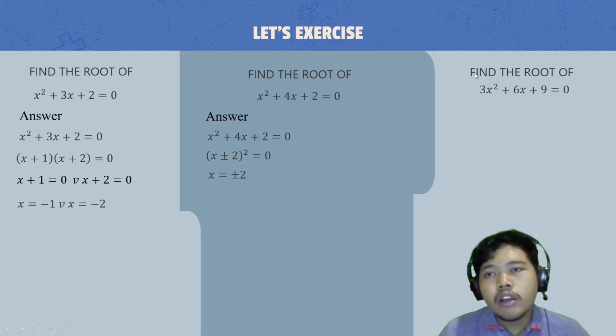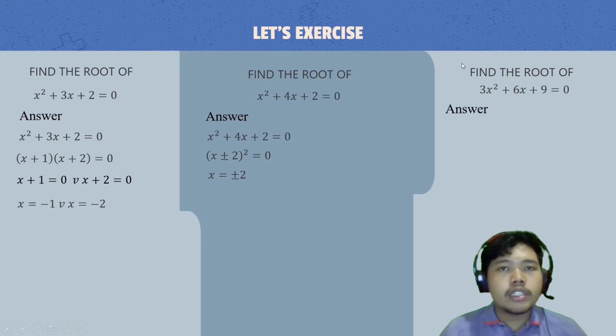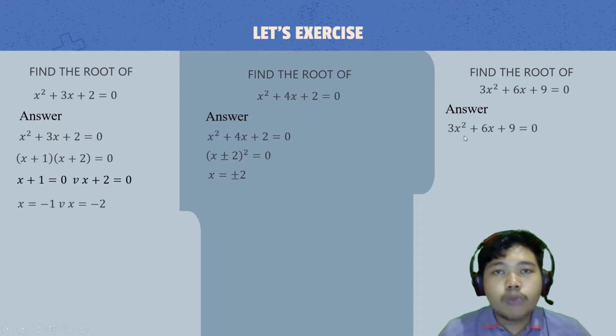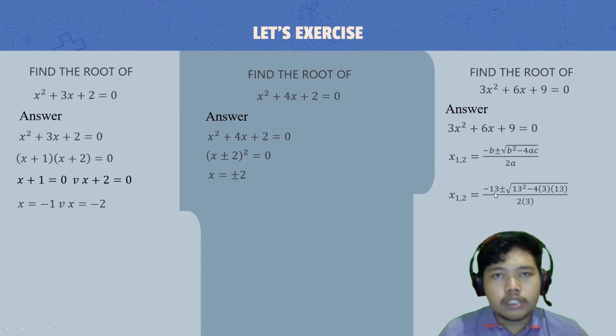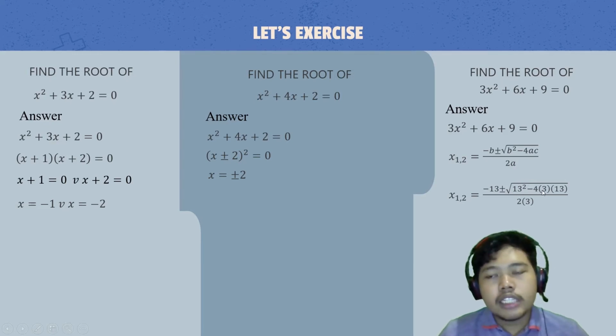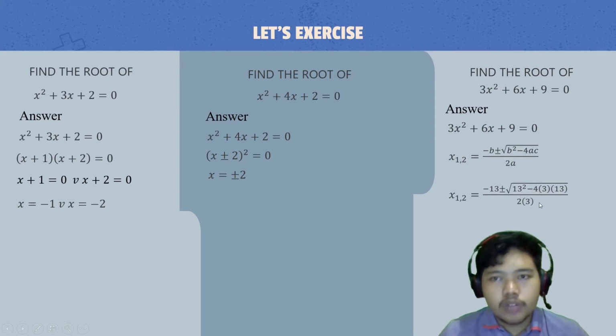Next, in number 3, find the root of 3x squared plus 6x plus 9 is equal to 0. To answer this question, we can use quadratic formula. So, 3x squared plus 6x plus 9 is equal to 0. We can use this formula. Remember this formula, yes? And then, x1,2 is equal to minus 13 plus minus the root of 13 squared minus 4 times 3 times 13 divided by 2 times 3.